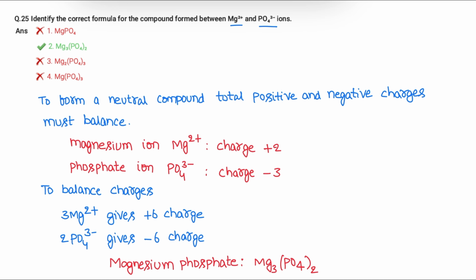To balance these charges, 3 Mg2+ gives plus 6 charge, 2 PO4 3- gives minus 6 charge. So it is Mg3(PO4)2, magnesium phosphate. Correct answer is option 2.